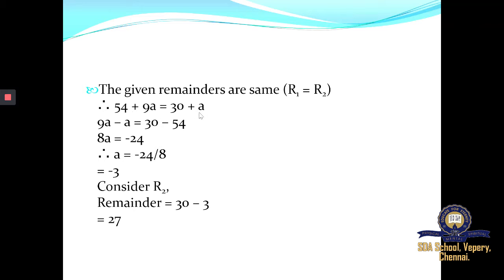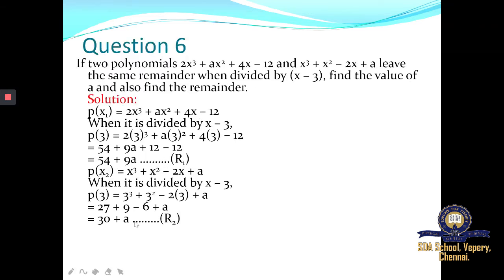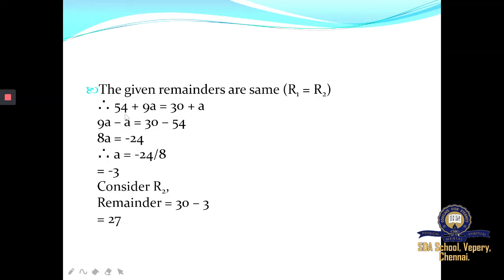So what do I get? 54 plus 9a equals 30 plus a. Now I can bring the constants on one side and the variable on the other side. So 9a minus a comes here and 30 minus 54 goes over there. Then after simplifying, I find the value of a. Therefore, what is my a? A equals minus 3.